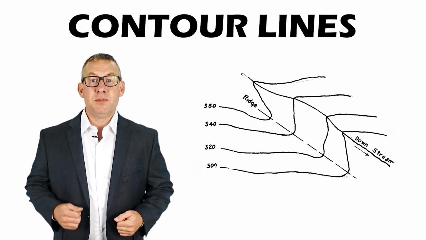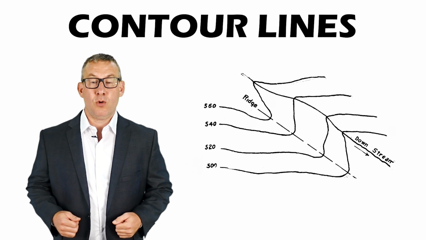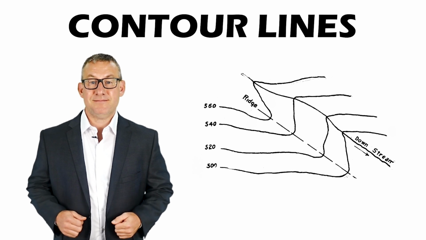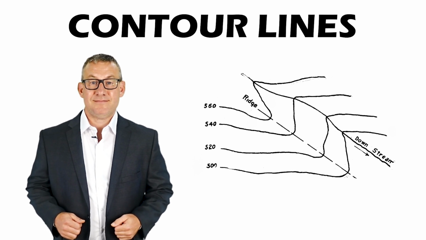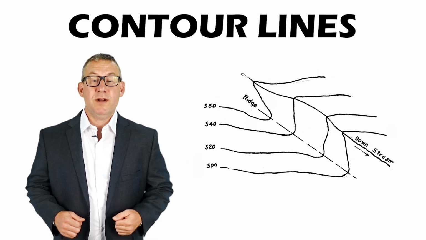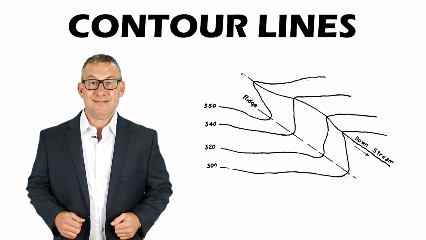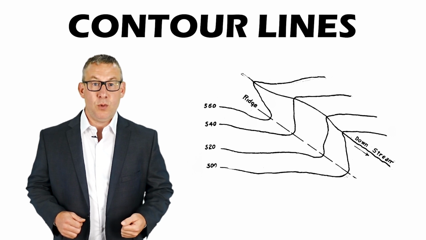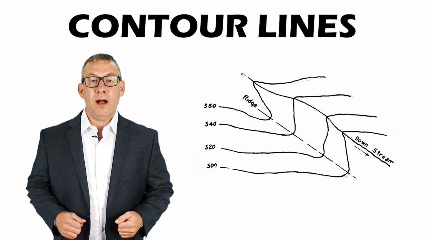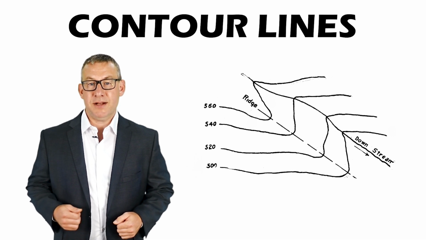Contour lines turn upstream as they approach streams, forming a V shape. Ridges and depressions can be identified from contour lines. Sharp contour points indicate ridges, while rounded contours represent flatter areas.